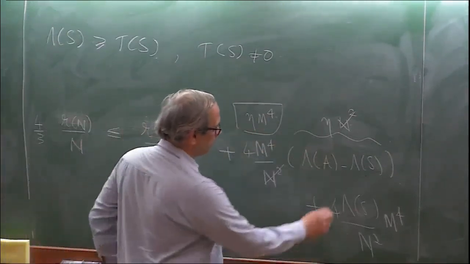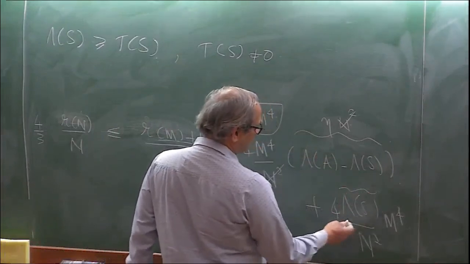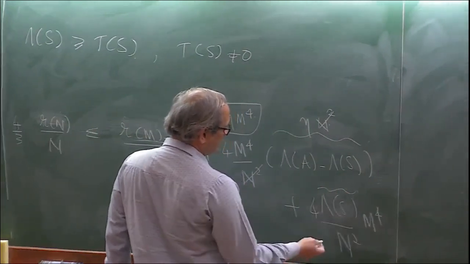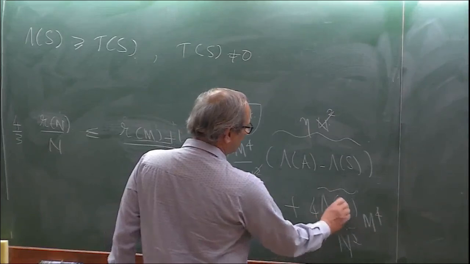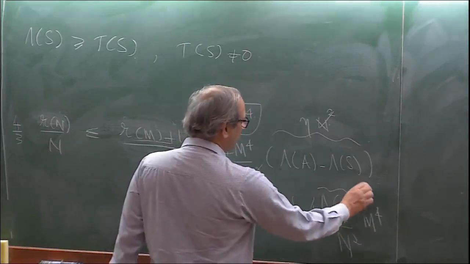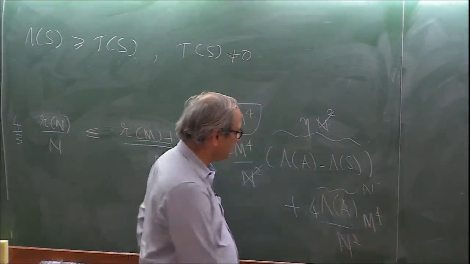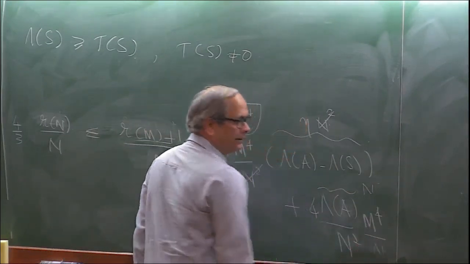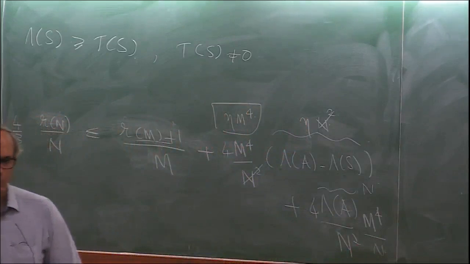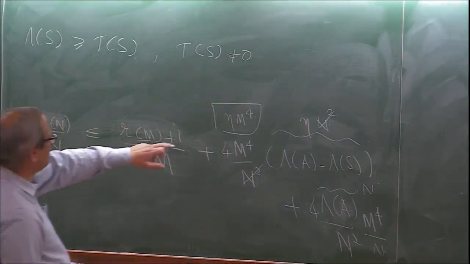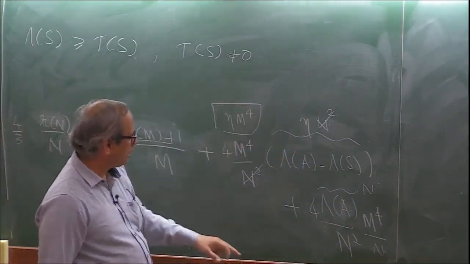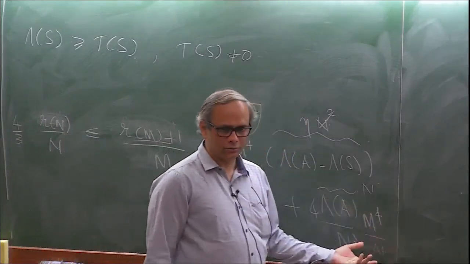This will go to 0 because the number of 3-term APs in A is trivial, and it's therefore of order n, and m power 4 should be less than n. Okay, so m should be chosen such that m power 4 eta goes to 0, m power 4 by n also goes to 0.